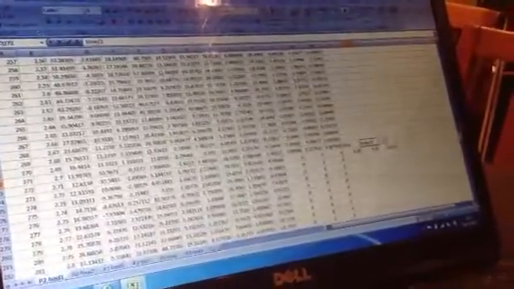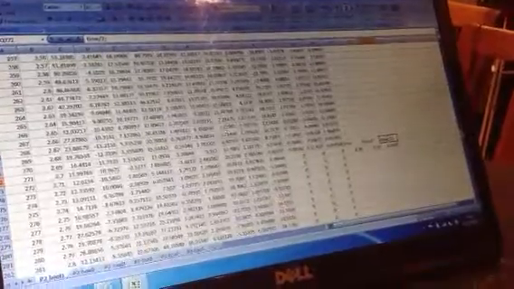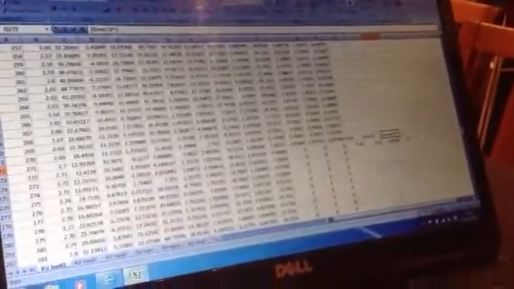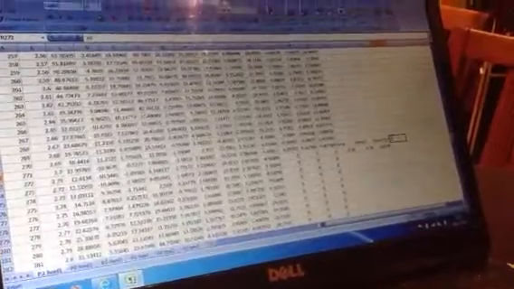So here I have time, here I have time over 2, and here I have time over 2 squared. Then the next thing I need to do is work out the height jumped.